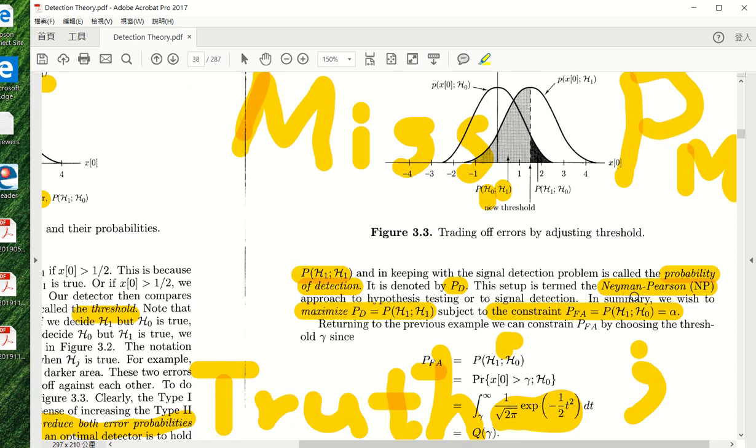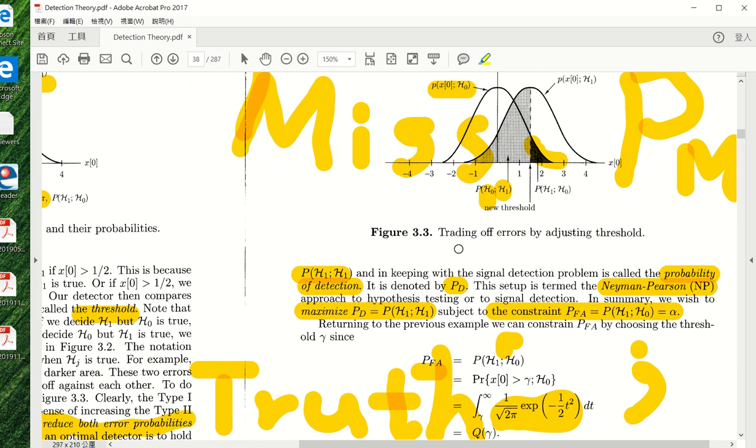In other words, we're integrating this part. Look at my cursor. It has a tail with very small value, but it goes to infinity, indeed, because it's a Gaussian random variable. So we are going from gamma to infinity, and we are integrating this thing.